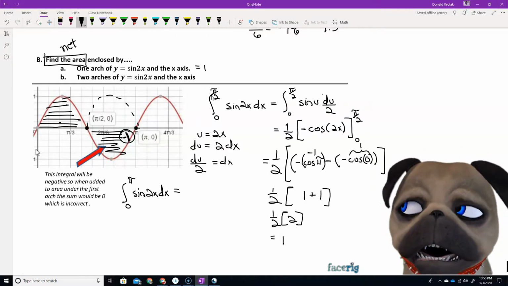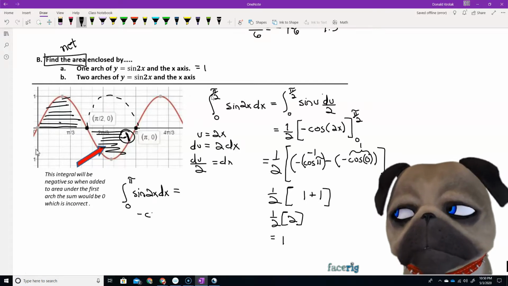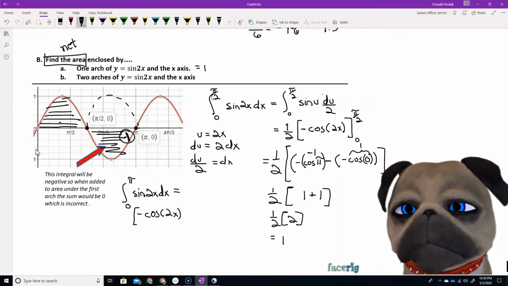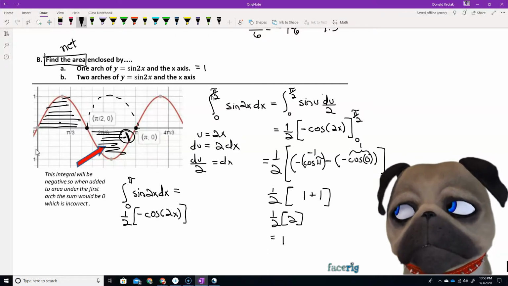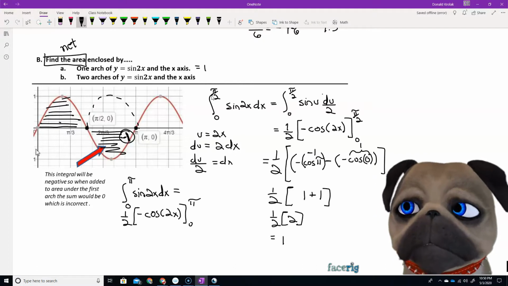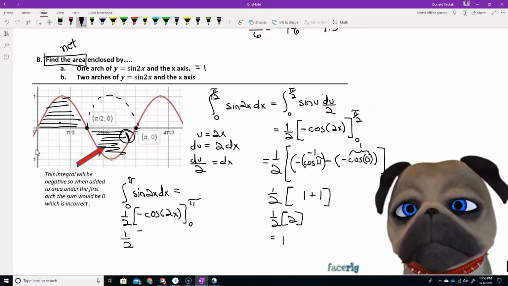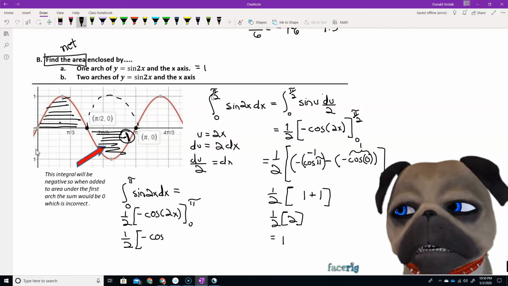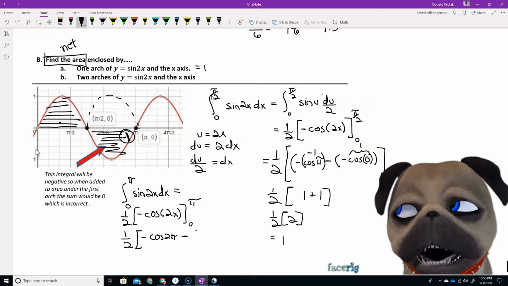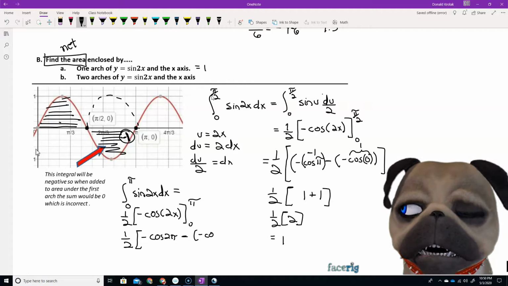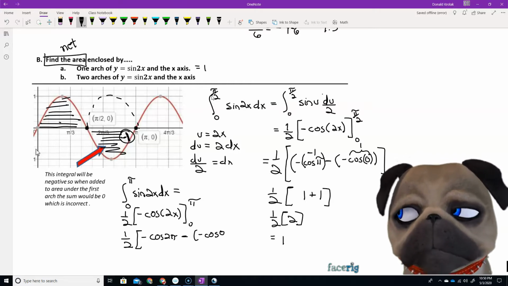Okay? So when this gets integrated, I get cosine 2 pi minus negative cosine 2 times 0.